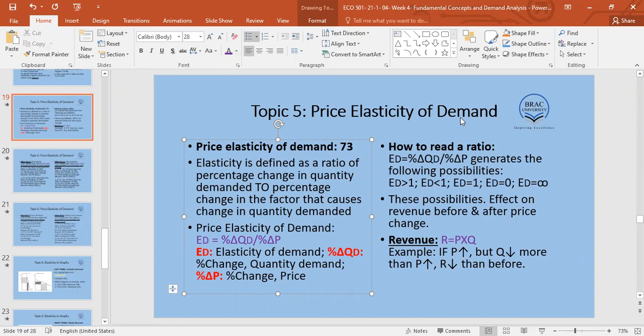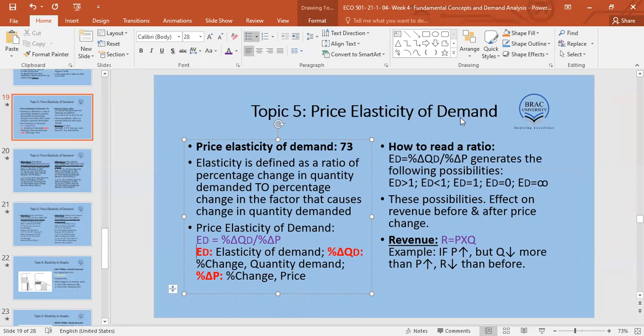Elasticity of demand is defined as a ratio. It's very similar to the ratio of slopes, where we say change in dependent variable to change in independent variable. The only difference is we are looking at percentage changes.